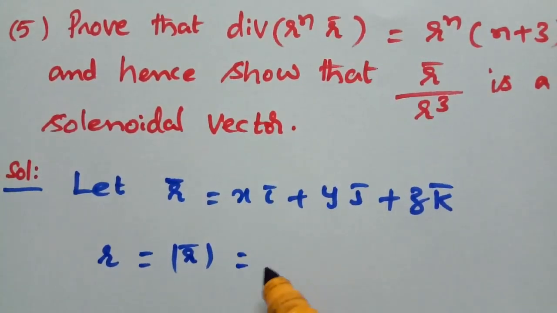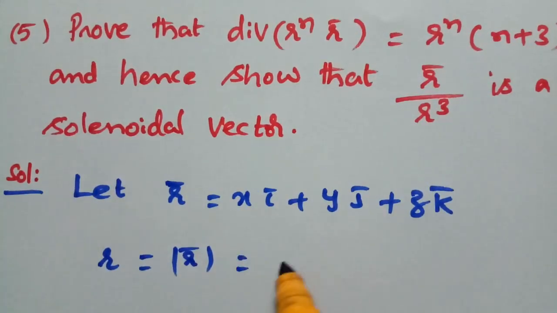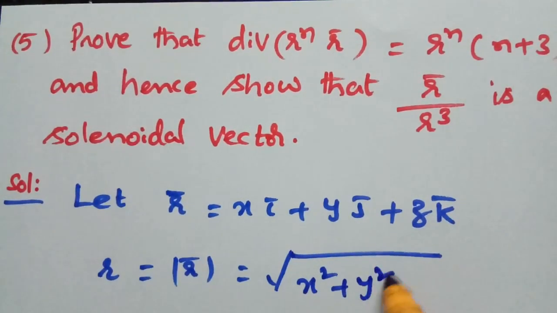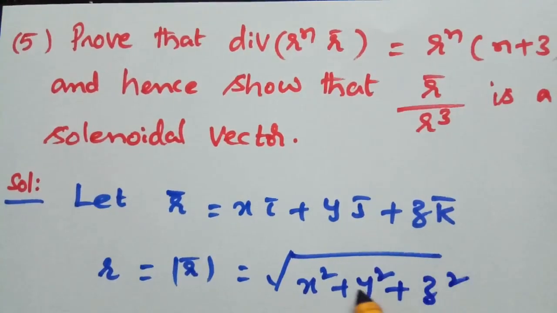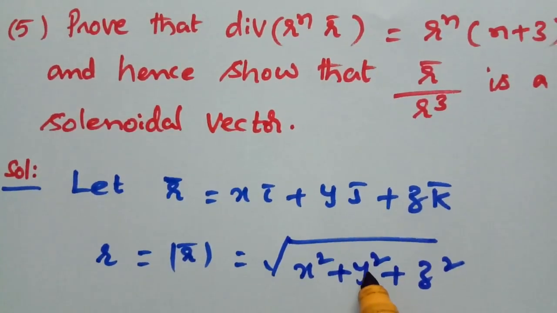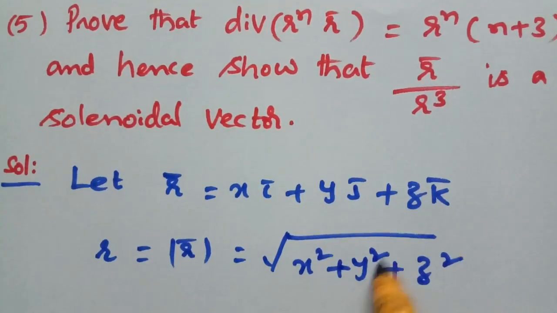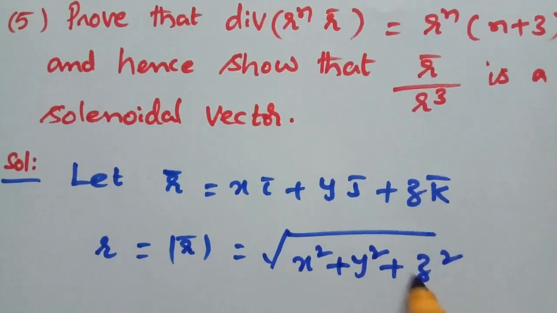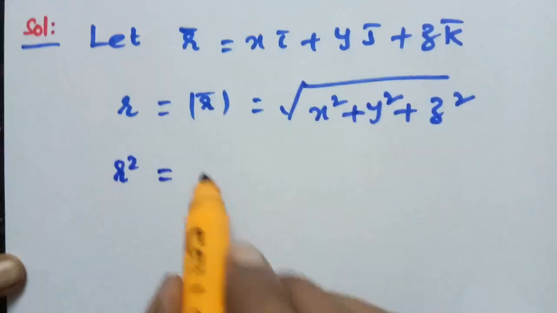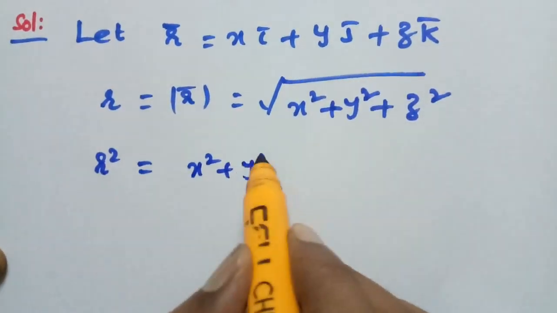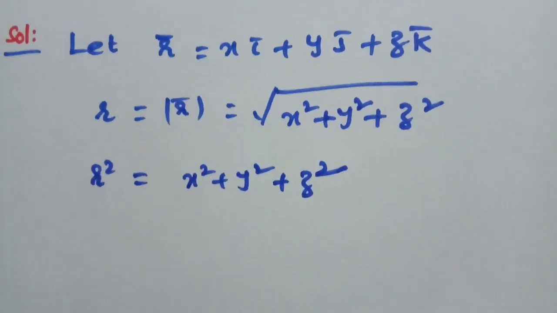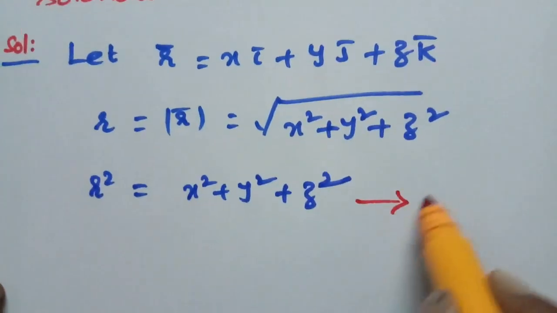We have discussed 5 more problems. So therefore it is a square root of x square plus y square plus z square, component of i whole square, component of j bar whole square, component of k bar whole square. Therefore squaring on both sides, this becomes x square plus y square plus z square. Say this is equation number 1.